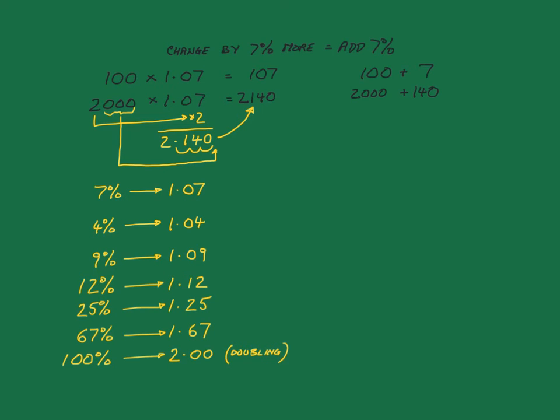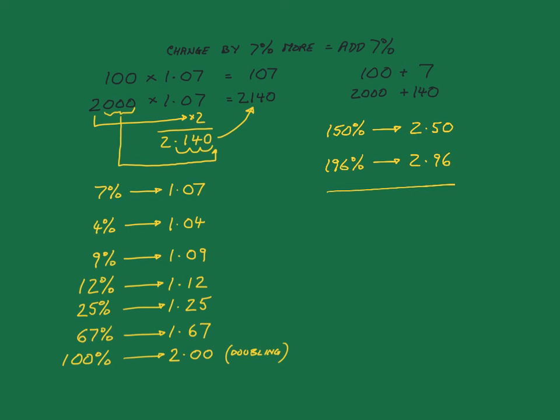Well, once we can do that, we can do anything. Suppose I want 150%. That's going to produce 2.50. 196% will produce 2.96. And so on.